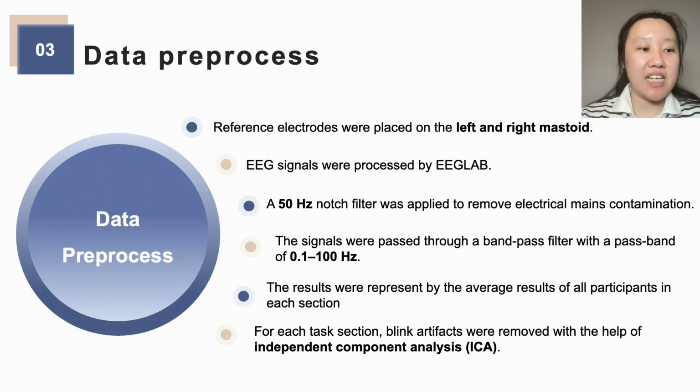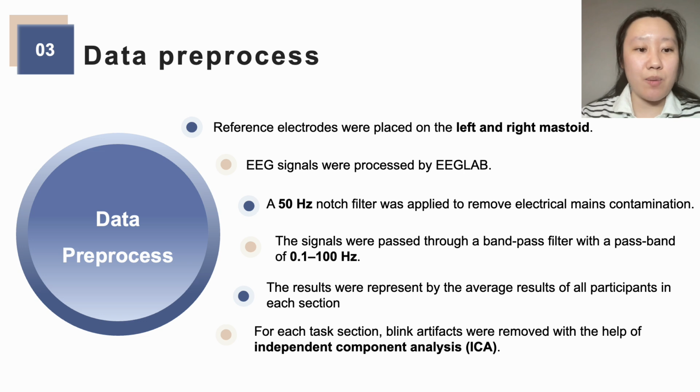After collecting the data, we need to pre-process it. First, we ensured the reference electrodes were placed on the left and right mastoid, and the EEG signals were processed by EEGLAB, which is a plugin belonging to MATLAB. Then we put the EEG signals through a 50 Hz notch filter to remove the electronic artifacts.